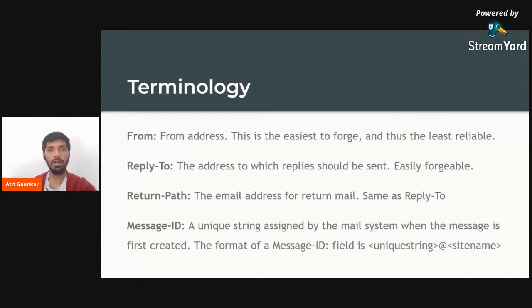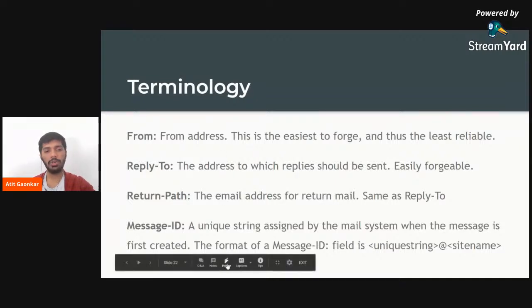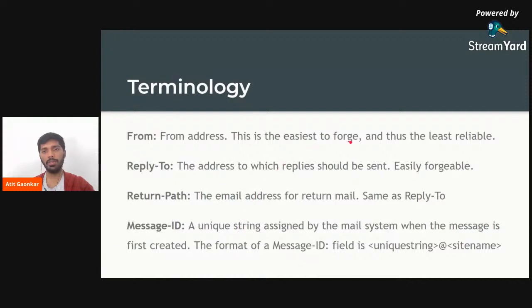There are multiple sections that an email header contains. It contains the From section, which refers to the address it originally started from. This is the easiest to forge, because the From of an email can be easily forged due to the way the email protocol is implemented.